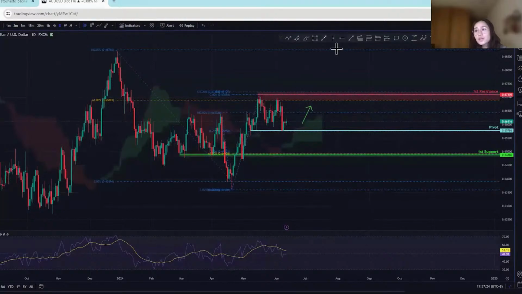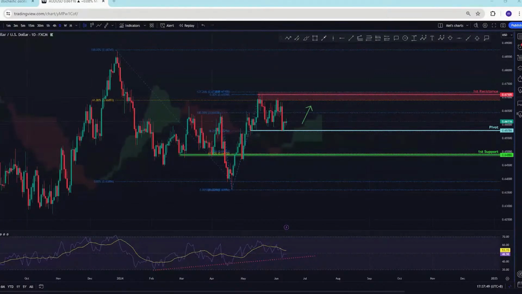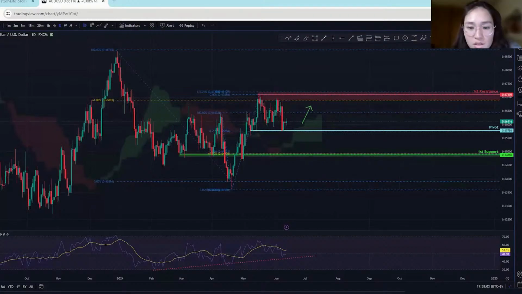On our RSI, we have price moving in this uptrend. Sorry about that.